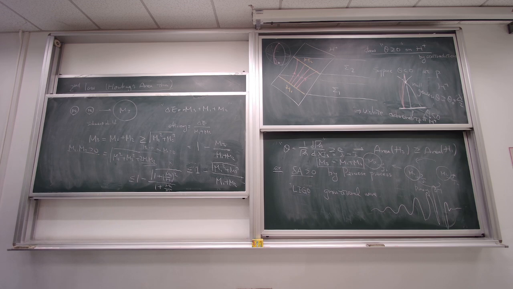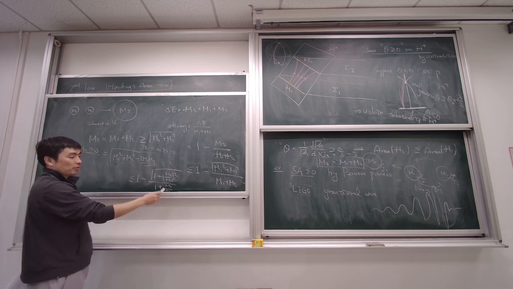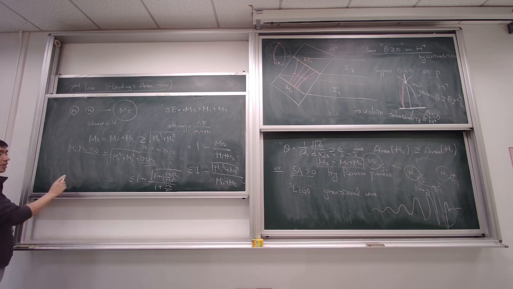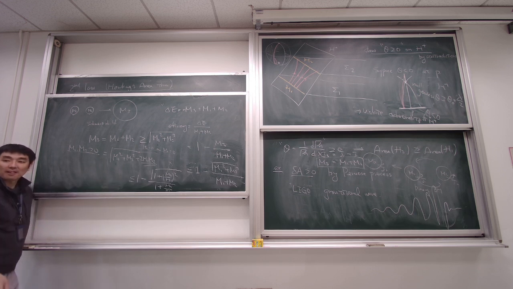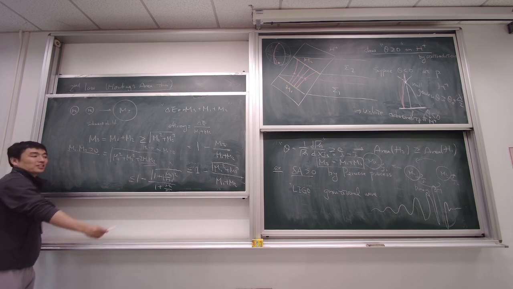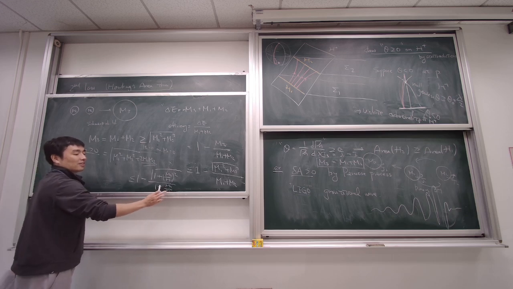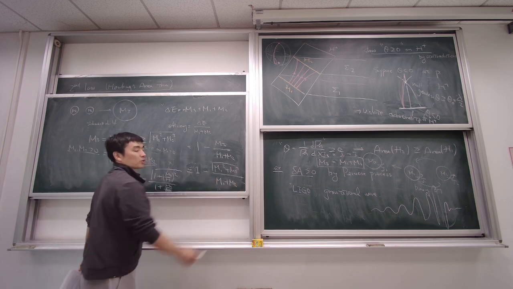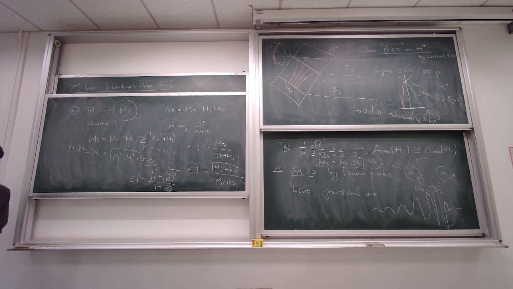Just plot it. And when does it become the smallest value? If this is smallest, this is the most efficient, right? So of course when does this quantity become smallest? Maybe m1 is equal to m2.